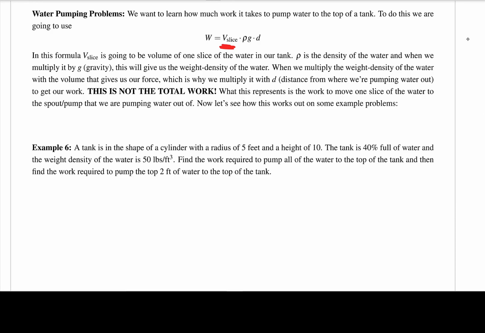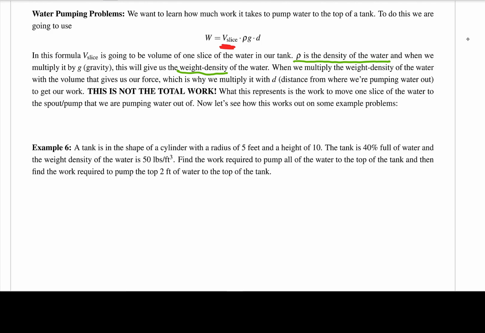This rho times g right here, rho is the density of water, or if we were using some other liquid, the density of that liquid, and then g is gravity. When you multiply density and gravity together, what that gives you is this thing called weight density. So for work, we're going to have the area of this slice times weight density times the distance from where we're pumping the water out.